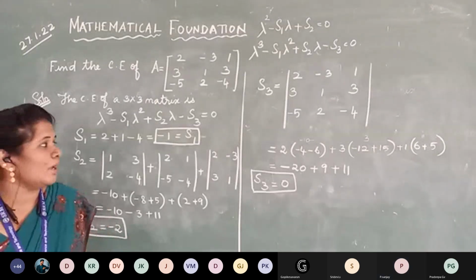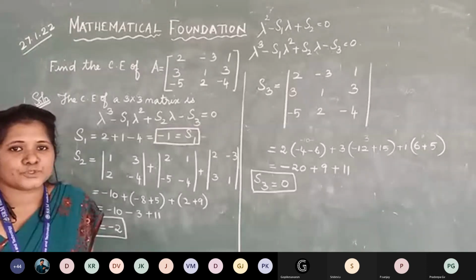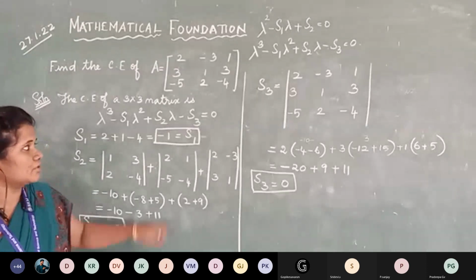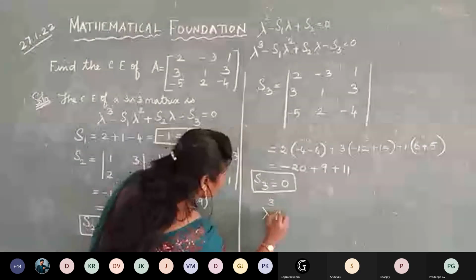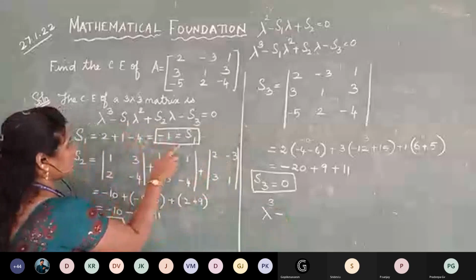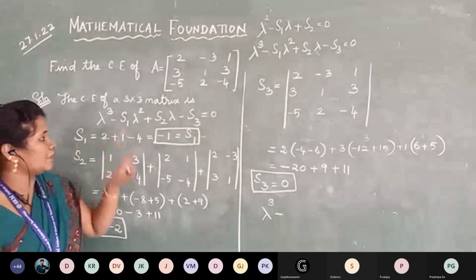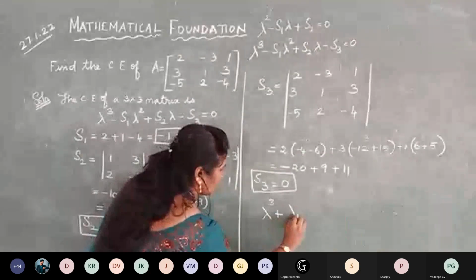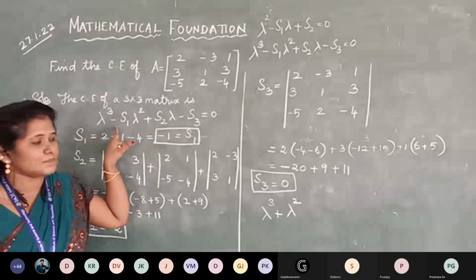Okay, very good. So we have found out your S1, S2, and S3. Now we will substitute it in that formula. So your equation now will become lambda cube minus your S1. Your S1, we have got minus 1. So minus into minus, it will become plus.